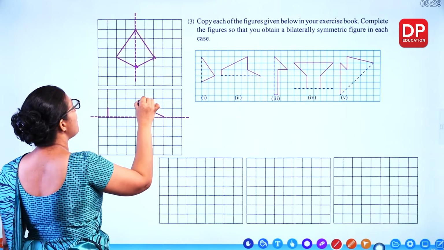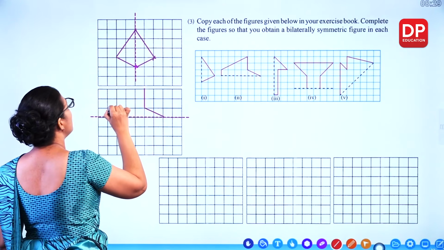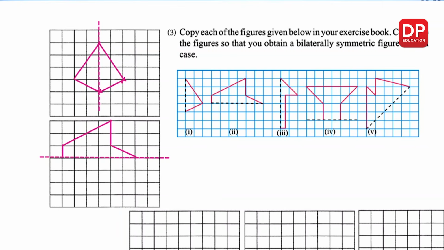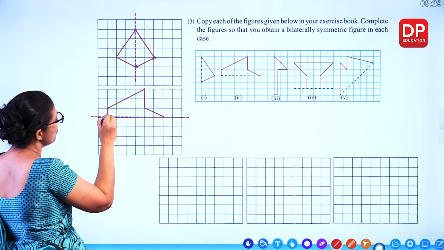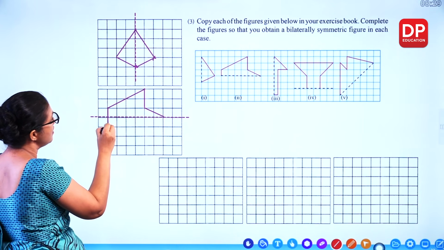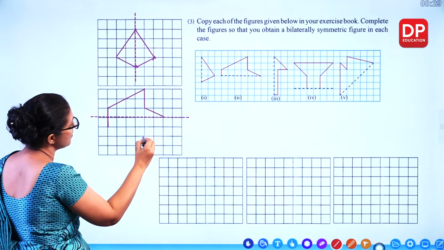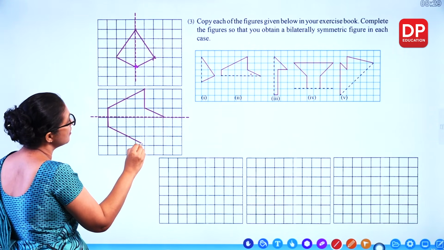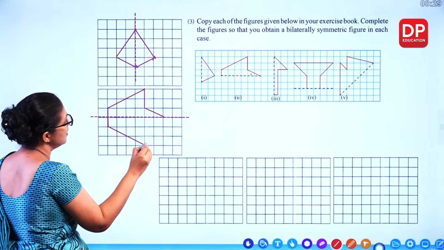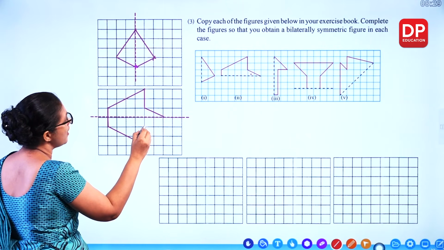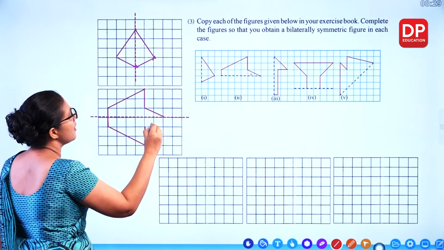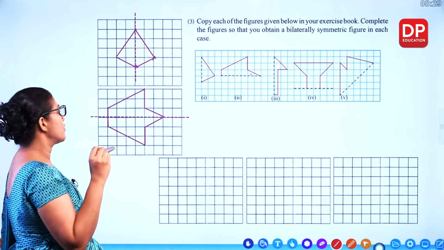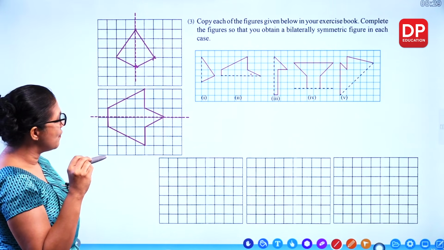And 2 squares up and connect this one. So that's one side. How can we draw the other part? So you can draw here and 3 squares down, 1, 2, 3 here. So this one connect here and 2 squares up and connect to this point. So that's the completed figure.